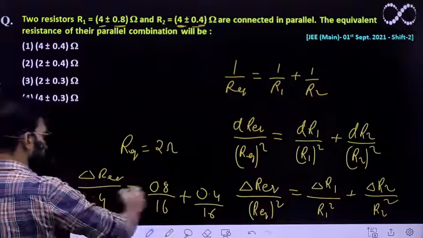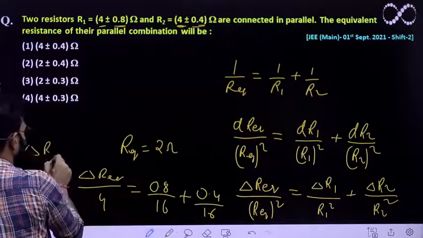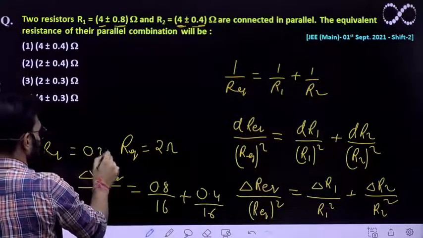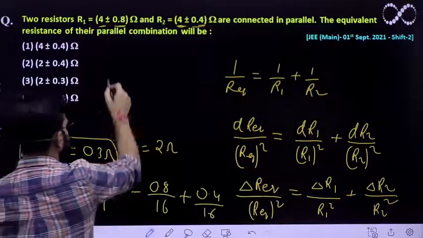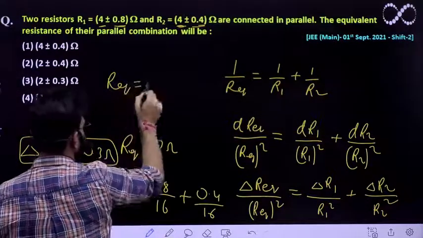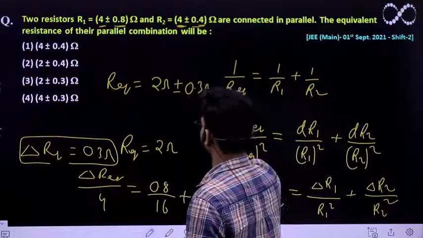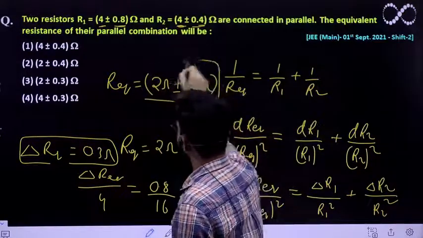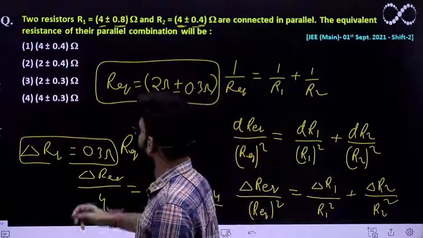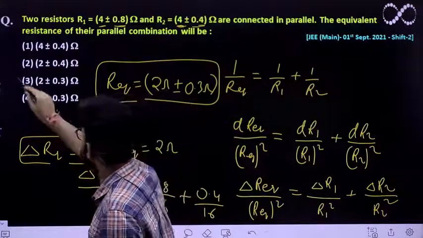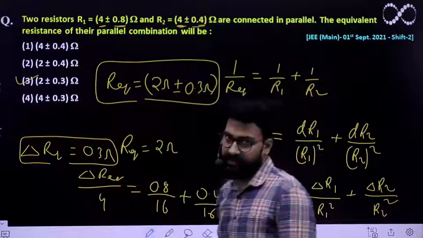So solve this expression, and you'll get delta R equivalent as 0.3 ohm. So that means the equivalent resistance can be written as 2 ohm plus minus 0.3 ohm. So this is the expression that we are getting, and so the third option would be the correct option.